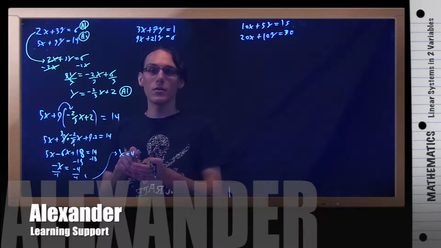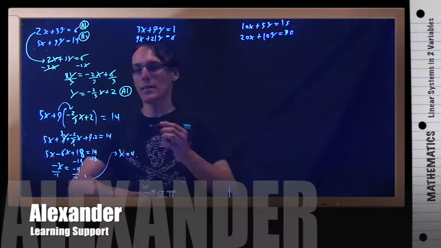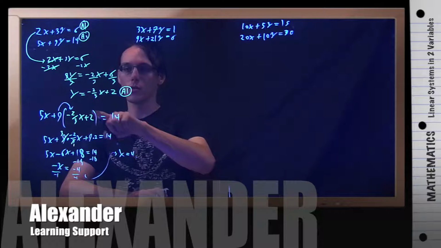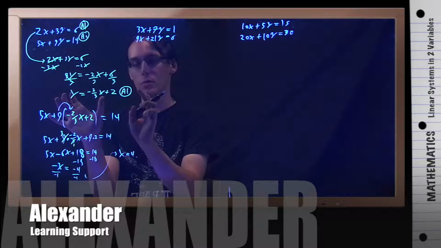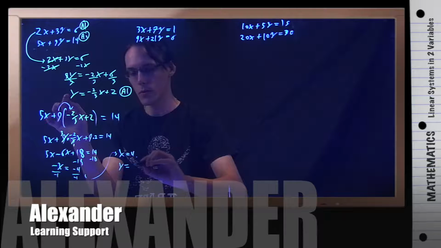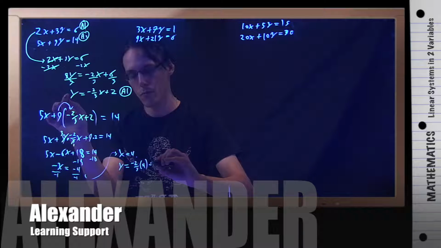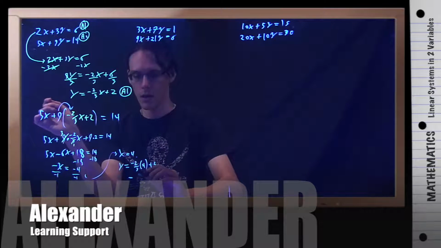Now, what's nice about substitution is that once you've got one of the variables, in this case x, it's actually a little bit easier in this method to solve for the other because you already did. You have what y equals in terms of x here. So I can just plug the x in. y equals negative 2/3 times x, which is 4, plus 2. Although I have to do a bit of work to simplify this.